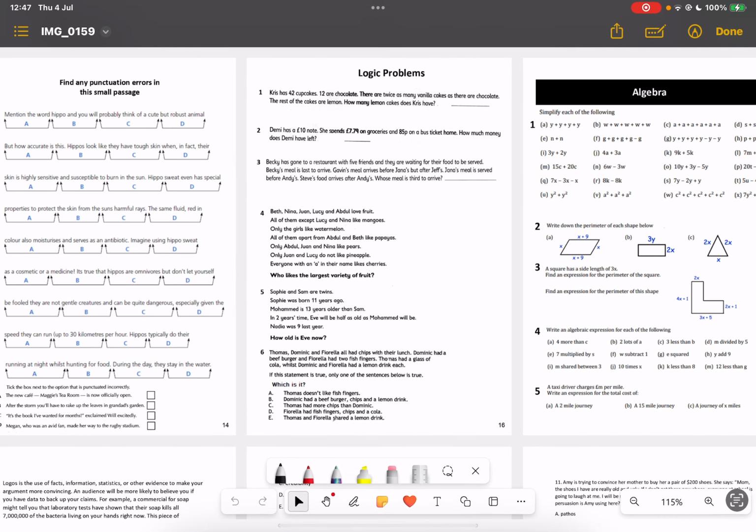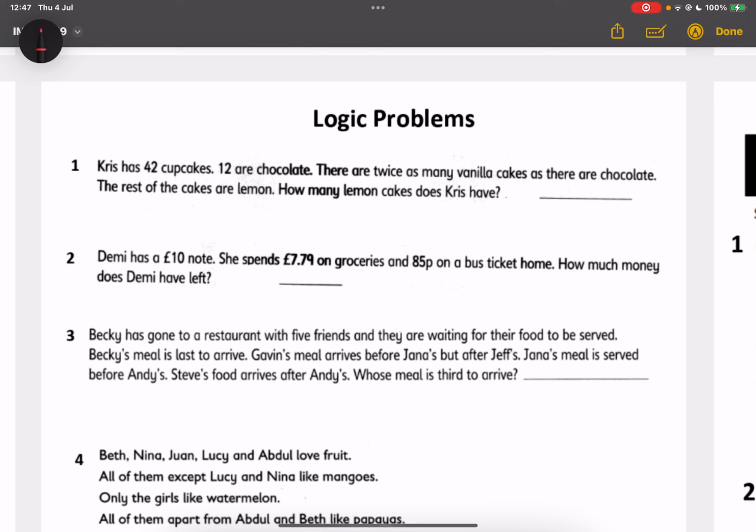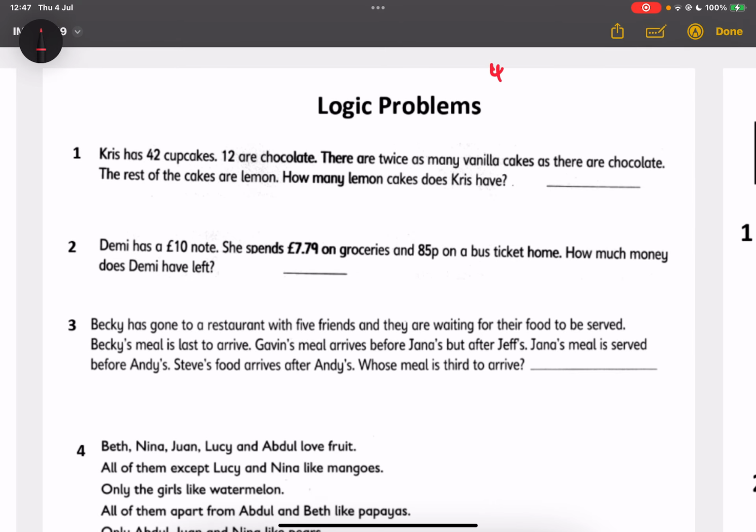Next, logic problems. So, Chris has 42 cupcakes and 12 of them are chocolate. There are twice as many vanilla cakes as there are chocolate, and the rest of the cakes are lemon. How many lemon cakes are there? We have 42 in total. 12 of them are chocolate.